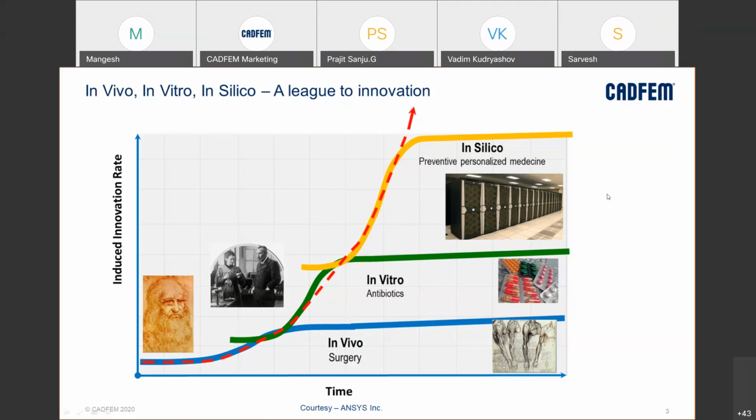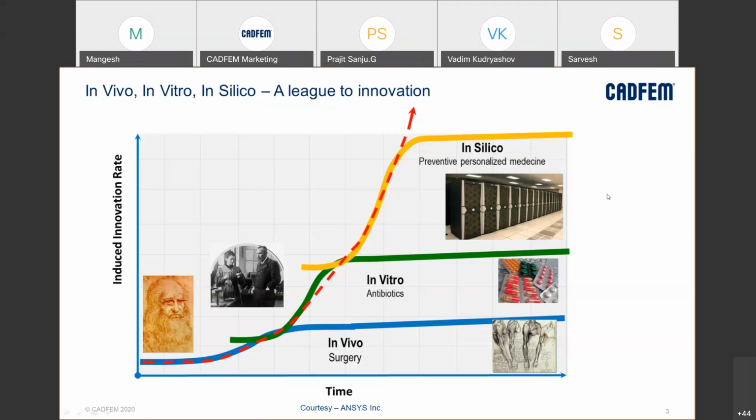Whenever the analysis is conducted on the exterior or external side of the living organ, we call it an in vitro kind of analysis.